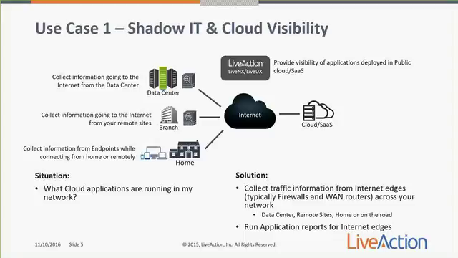This includes firewalls and WAN routers, and be able to get a deeper understanding of exactly what's happening. Use LiveUX to get greater visibility also into the user experience of these applications. So collect that data as information is going to the internet from your data centers, your remote sites, or your remote workers, maybe working out of their homes.